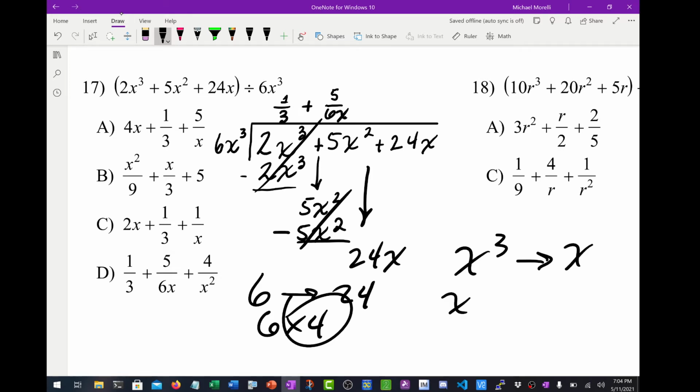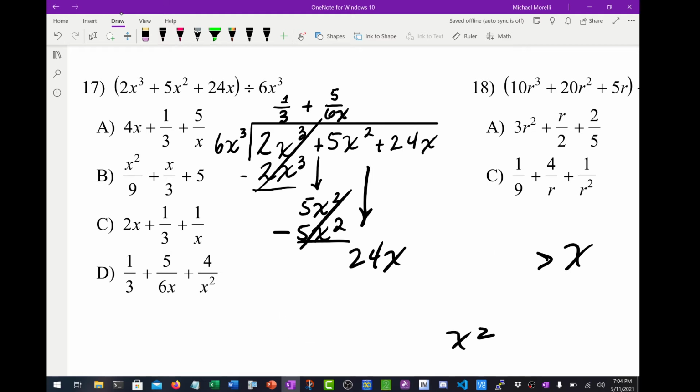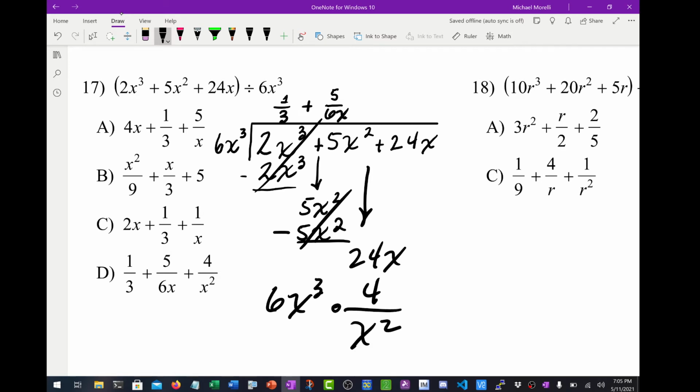So I'm going to need to take x cubed and divide by x squared. So I'm going to multiply by 4 and divide by x squared. Again, I'm taking 6x to the third power, and I'm going to multiply by 4 over x squared.